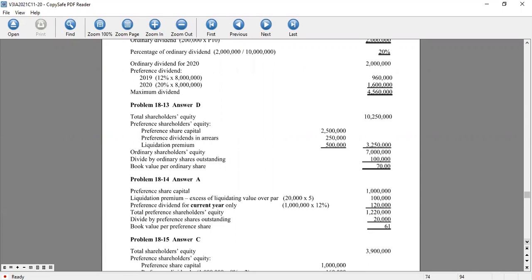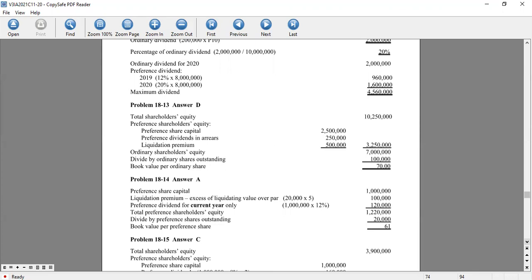Next, number 14. What is the amount to be reported as book value per preference share? So we have now the capital of the preference shares of 1 million. The liquidation premium is the excess of the liquidation value over par.